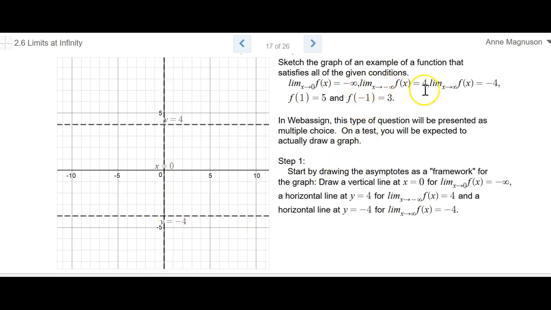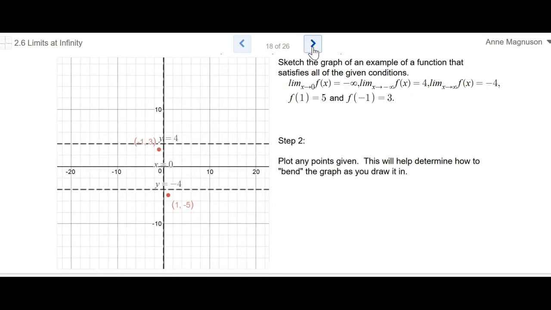And these two limits at infinity are 4 and minus 4, so those are telling you that you have two horizontal asymptotes. So that's your framework. You're also being given these 2 points. So the next step would be to plot those points so that you know that the graph has to go through those points. That helps you guide how you bend your graph.